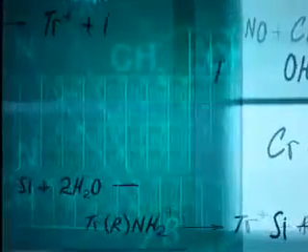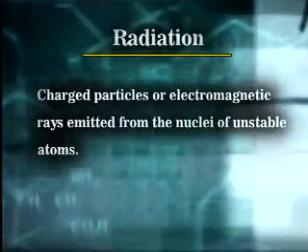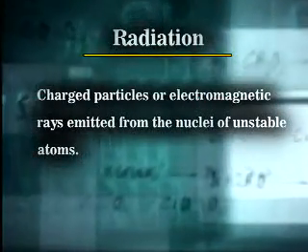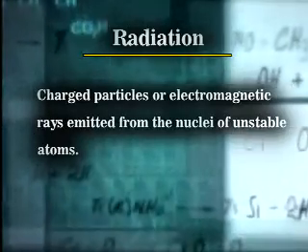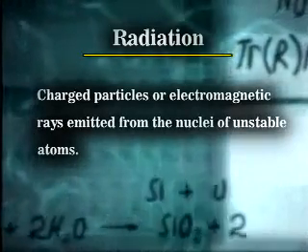Before we examine scenarios, let us review some basic concepts of radiation measurement. Radiation, in this presentation, refers to the charged particles or electromagnetic rays emitted from the nuclei of unstable atoms. Radiation is emitted by radioactive material.